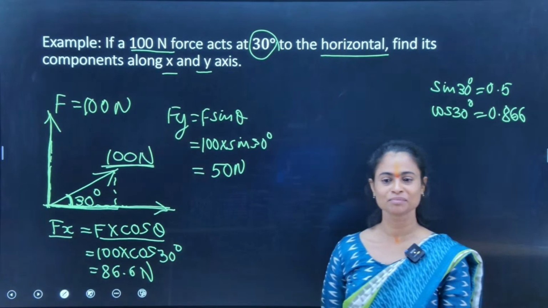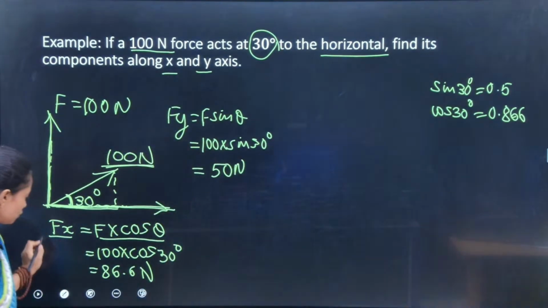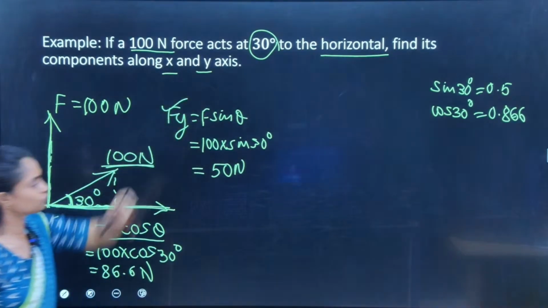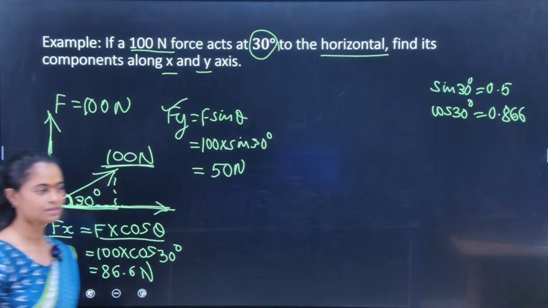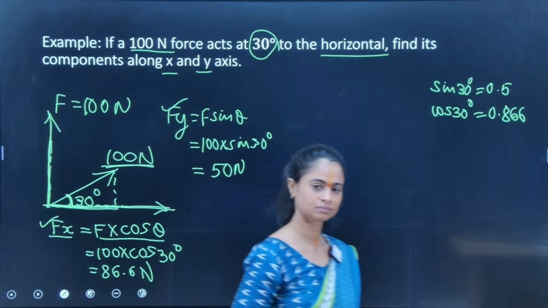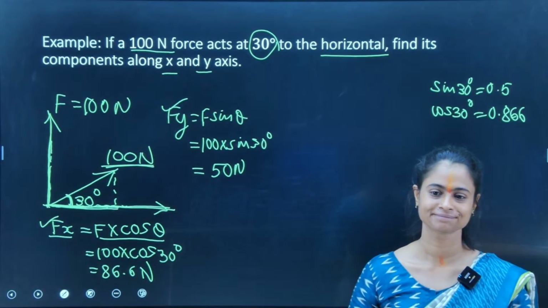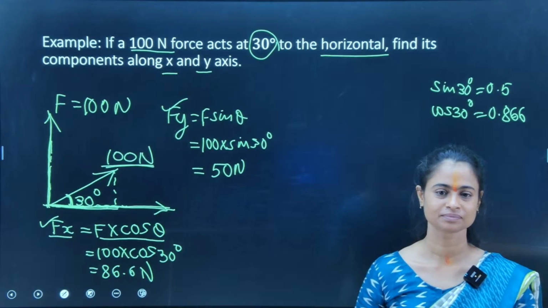Correct me if I am wrong somewhere. So we have gotten the Fx and Fy components of the force having magnitude 100 Newton inclined at 30 degrees to the horizontal. Is this much clear? If yes, we'll move forward.